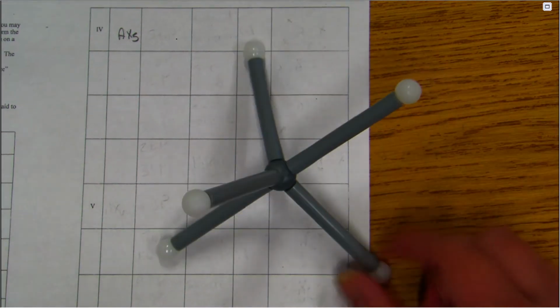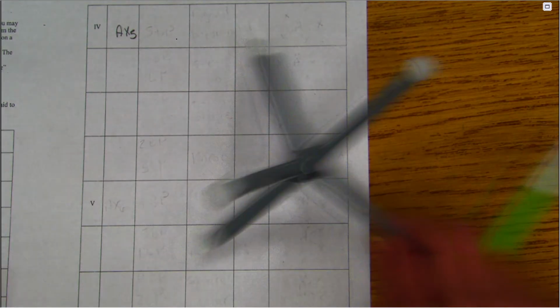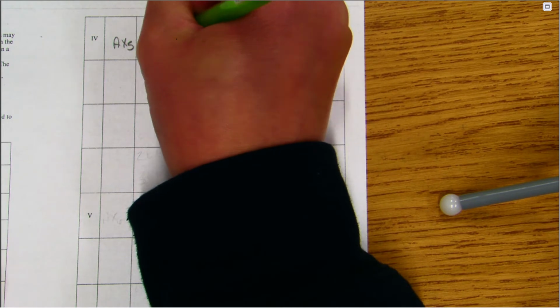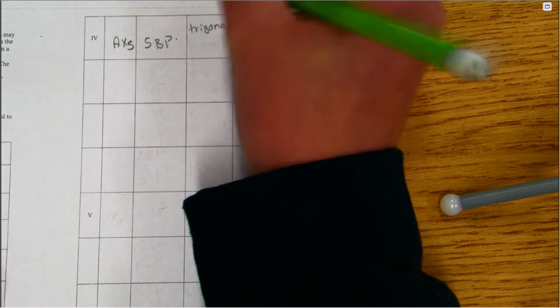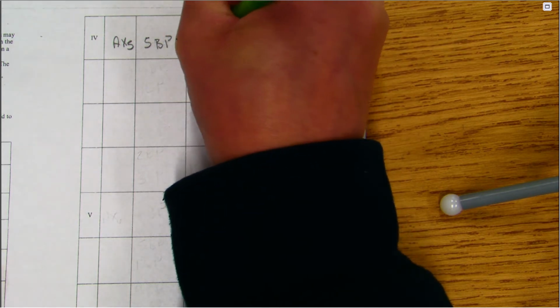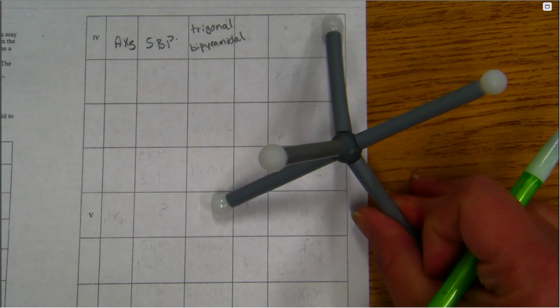Its structure is trigonal bipyramidal. At this point, we're not going to determine different bond angles because they start shifting and get a little confusing, and it's not part of the curriculum. But this is what it's going to look like when you draw it on your paper, with 5 bonding pairs.